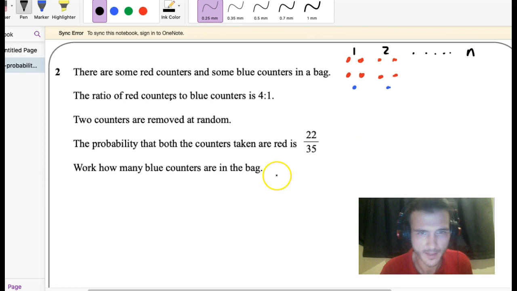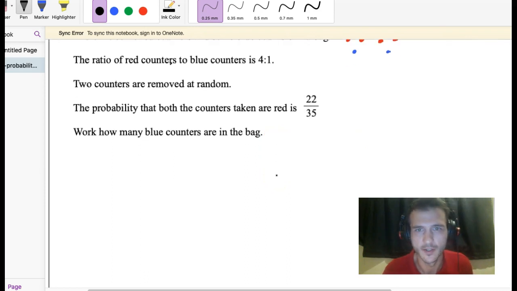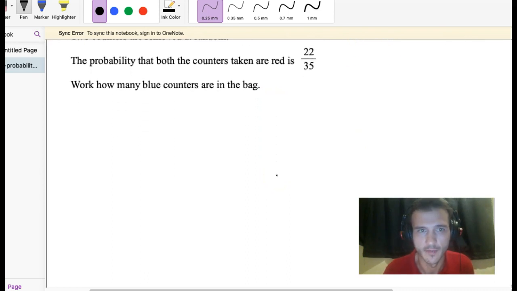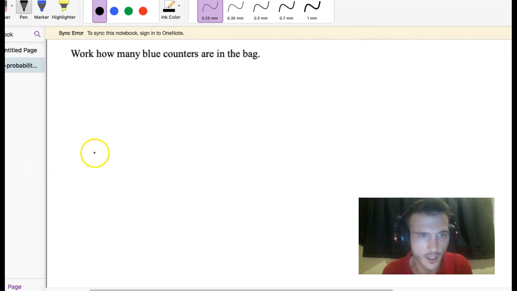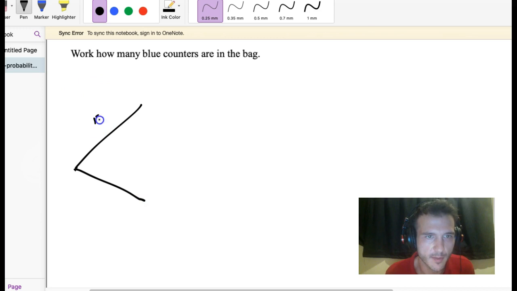The probability that both counters taken are red is 22/35. So let's draw our tree. This is the probability that it's red, and this is the probability it's blue. 4 reds, so we'll say 4n, because we don't know how many, over 5n in total.